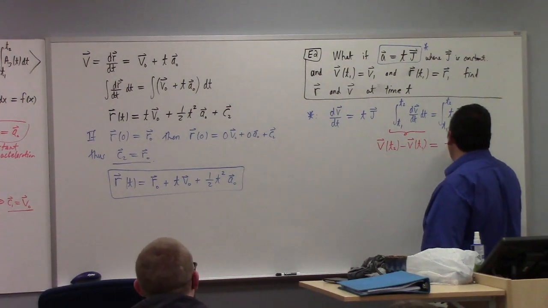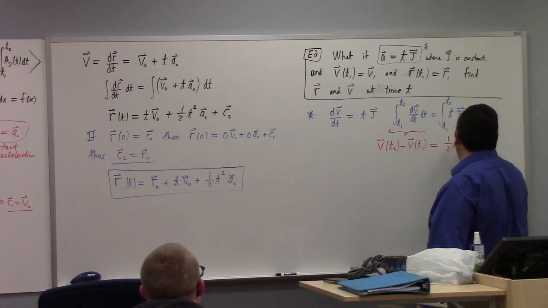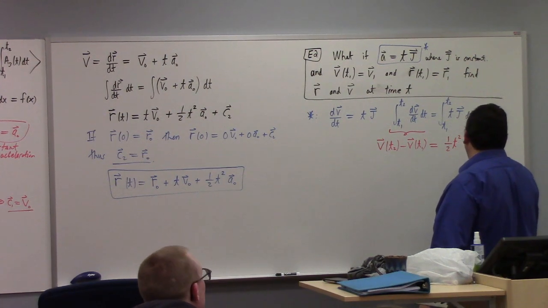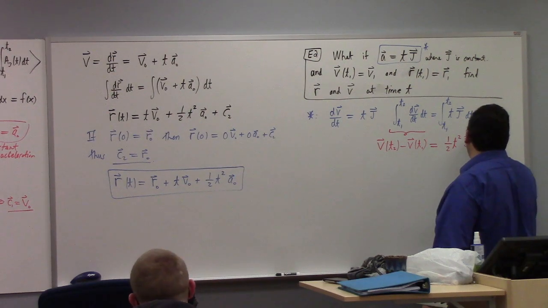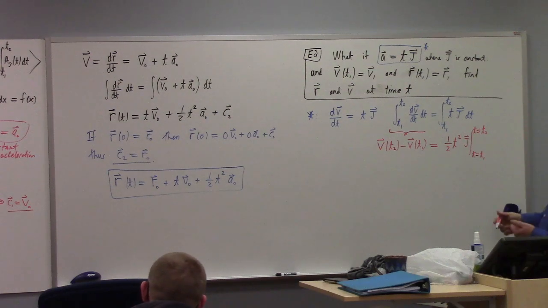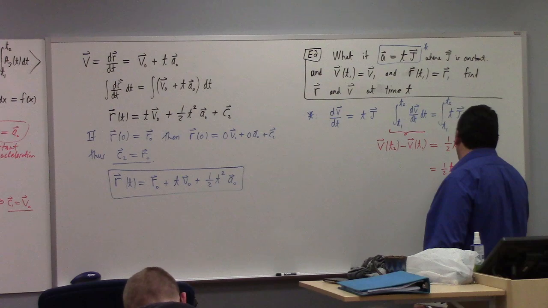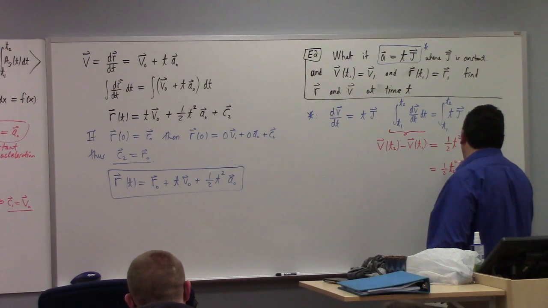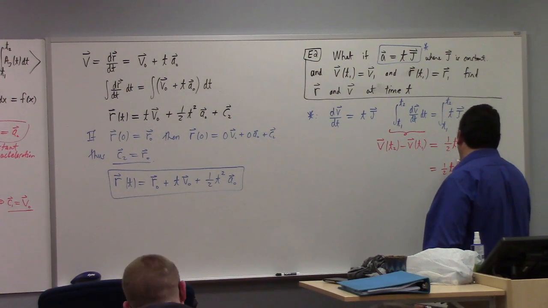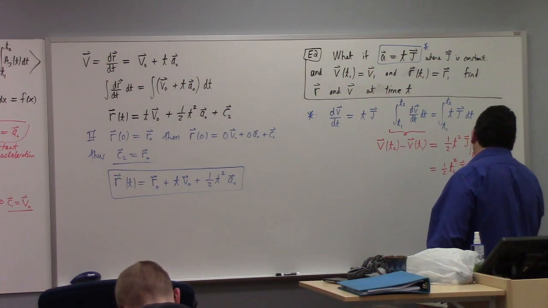We've got 1/2 t squared j vector, and I'm supposed to evaluate that from t equals t1 to t equals t2. I wrote down this step this time. So that's 1/2 t2 squared j minus 1/2 t1 squared j.